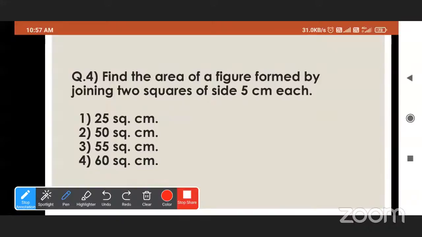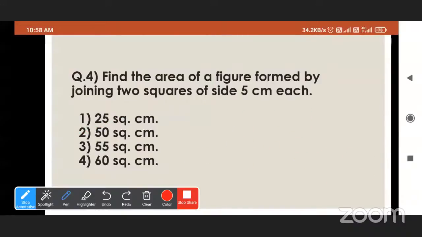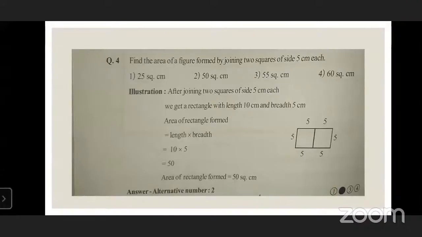If the area of one square is 25, then the other is also 25. By adding these two areas, we get the area of that figure, that is 50 square centimeter. The second one is the right answer.